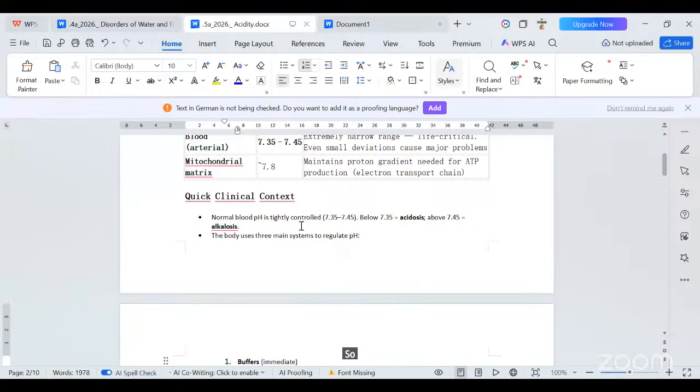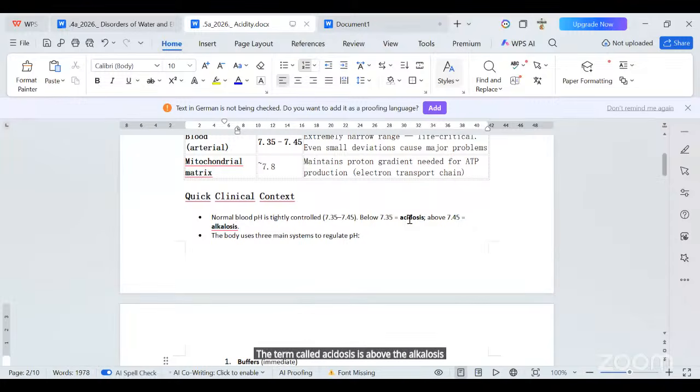So normal pH is always tightly controlled. If the blood pH is below normal, the term is acidosis. If it's above, that's alkalosis.